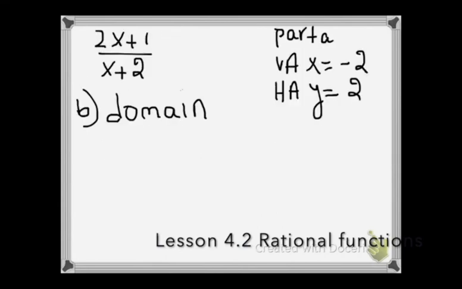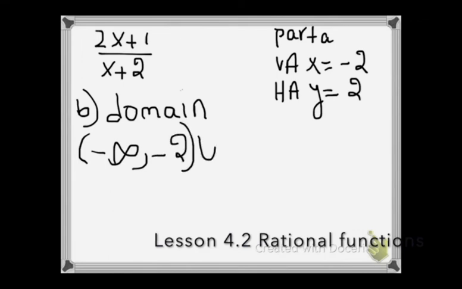In part B of the same example 3, we need to find the domain. Referring to part A, we have vertical asymptote x equals minus 2 and horizontal asymptote y equals 2. We learned in lesson 4.1 that we can write the domain as minus infinity to VA, which is minus 2, union minus 2 to positive infinity.